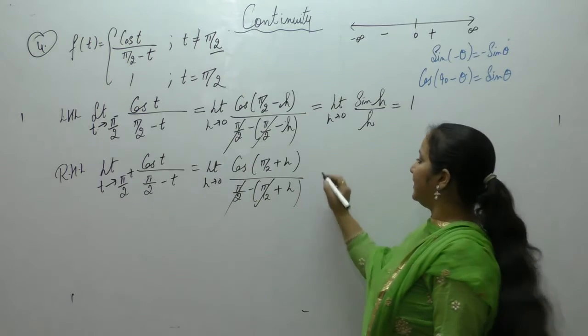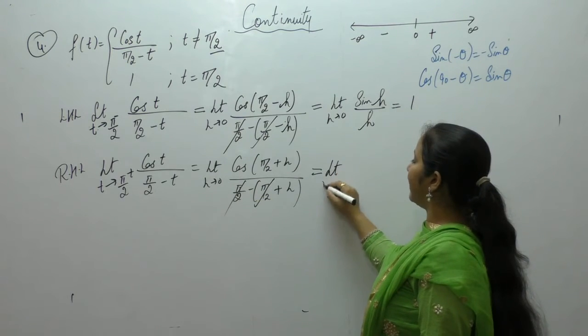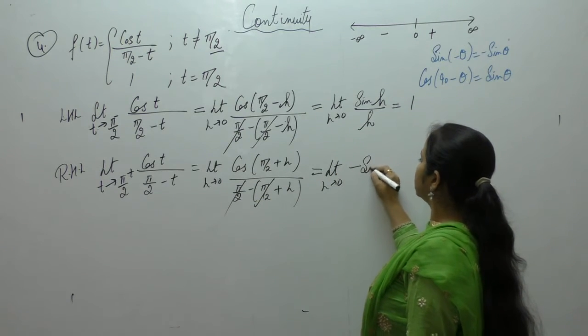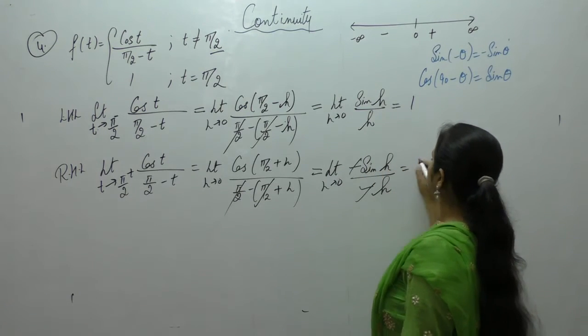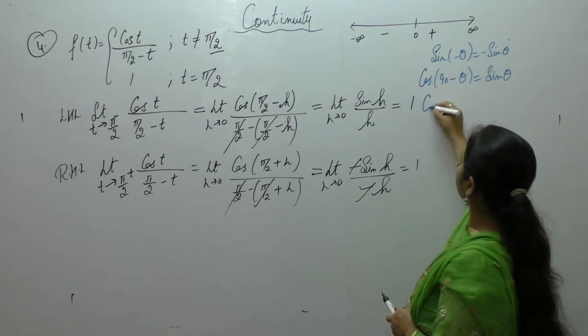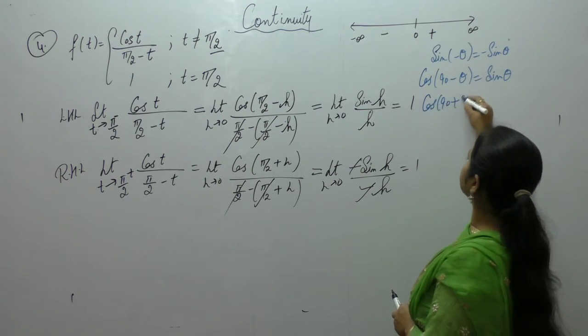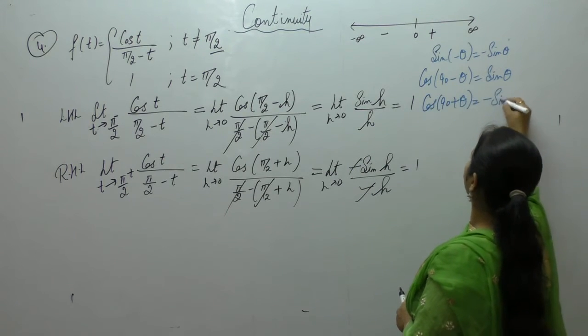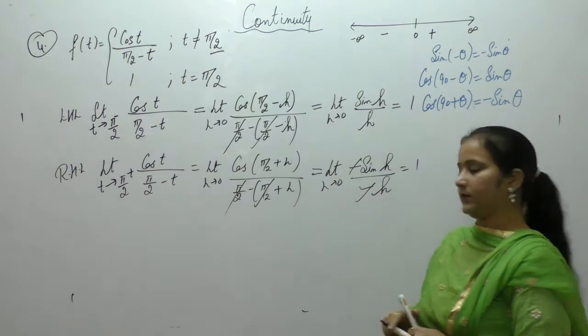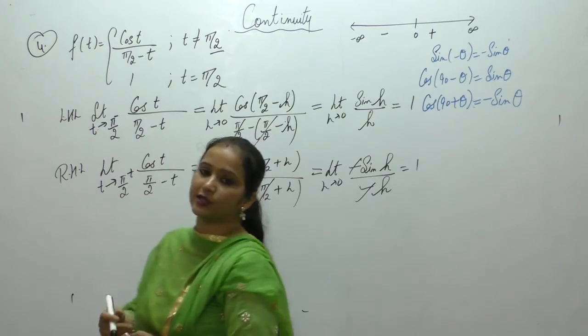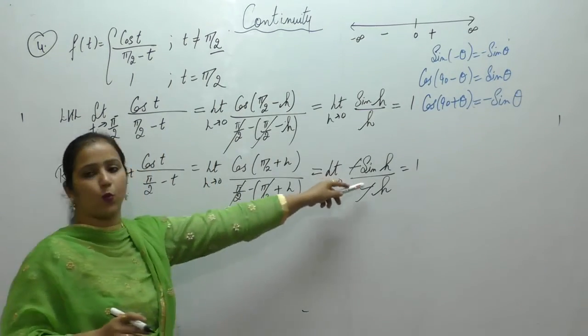Now cos of 90 plus theta is minus of sine theta. So minus sine h upon minus h. And limit h tends to 0, sine h upon h is 1.